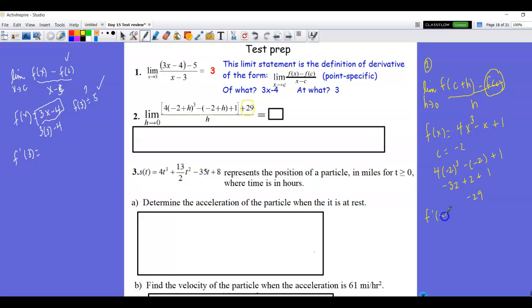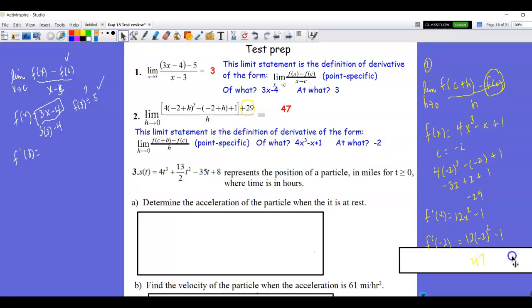So f prime of x is equal to 12x squared minus 1, evaluated at negative 2 would give me 12 times negative 2 squared, so that's 4 times 12 is 48, minus 1 is 47. So this entire expression simplifies to 47. And again, this is an explanation of what I just told you in the video.